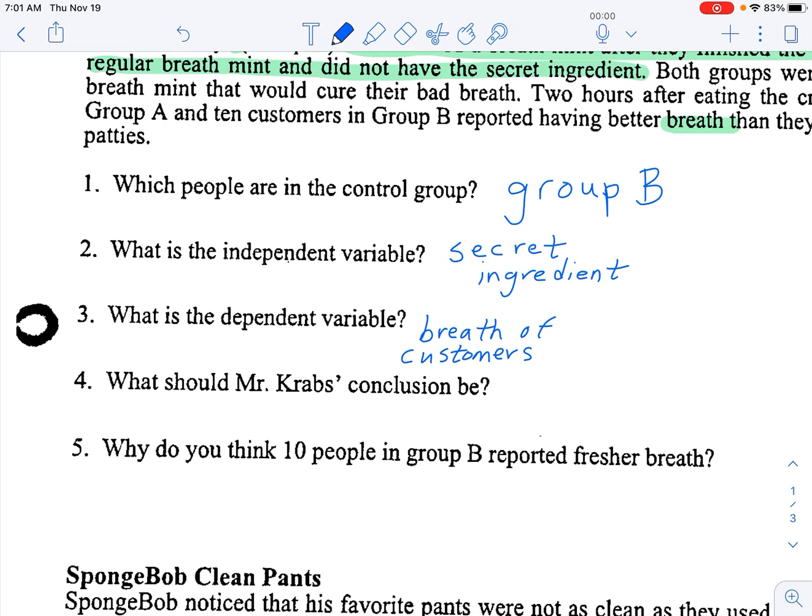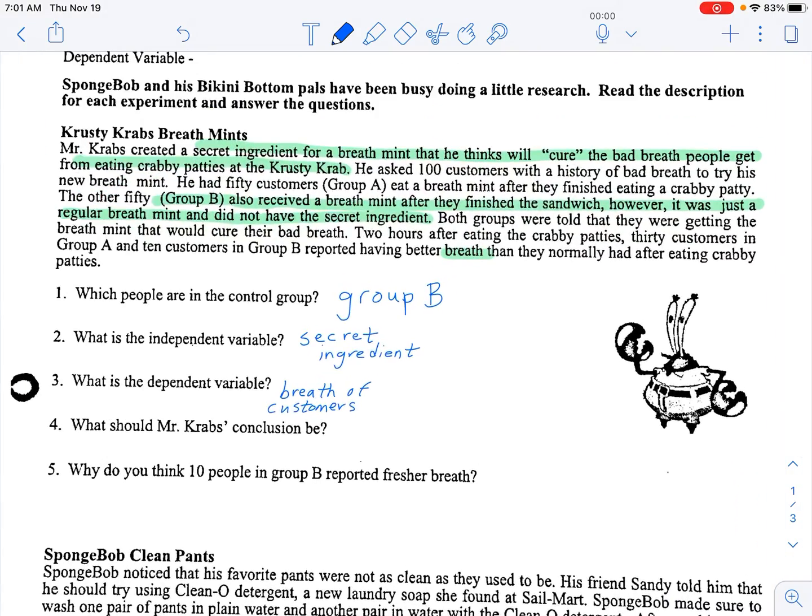Question 4 asks, what should Mr. Krabs' conclusion be? So did the secret ingredient make a difference? Did it work to cure the bad breath? It says in the last sentence that 30 customers in Group A and 10 customers in Group B reported having better breath. So Group A is the one that got the secret ingredient.